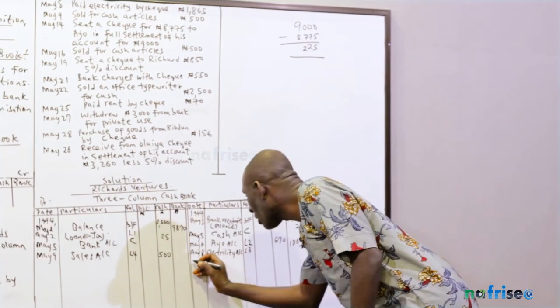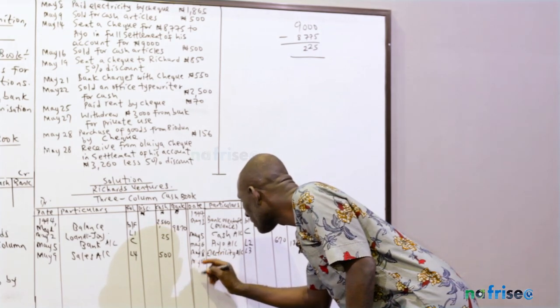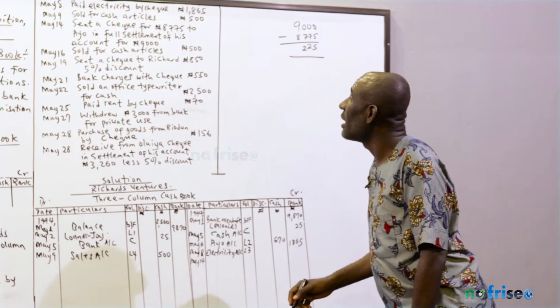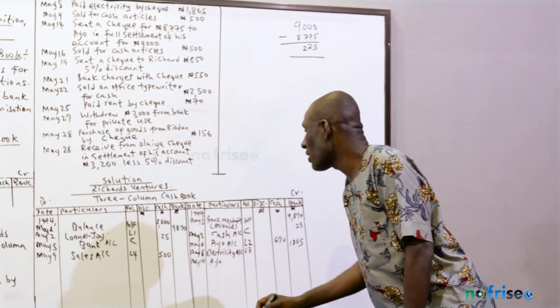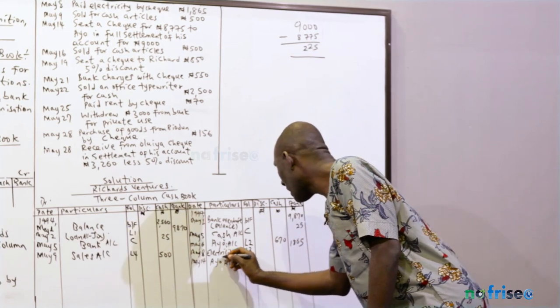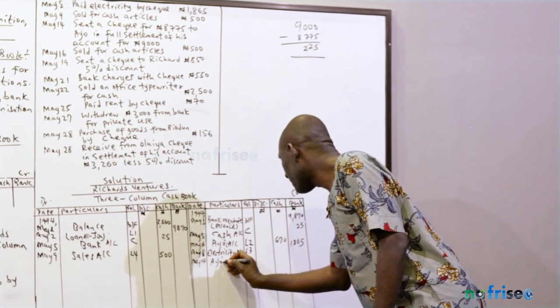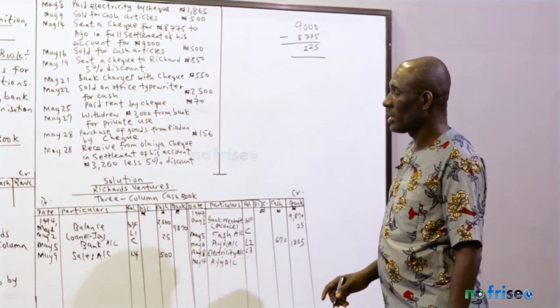Now we go to the date column. We write May 14. Then the name of the individual that he paid is Ayo. Ayo's account. Now if you watch, it's very important.